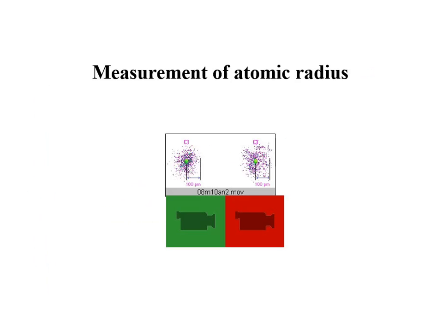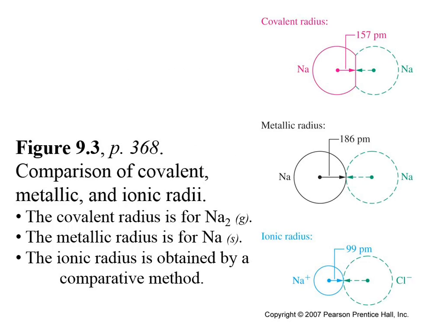Well, I have this example of a chlorine atom to show you. The video worked in my office, I think. You're going to see some values for how big an atom is in terms of atomic radii.